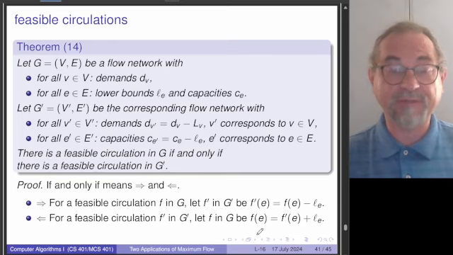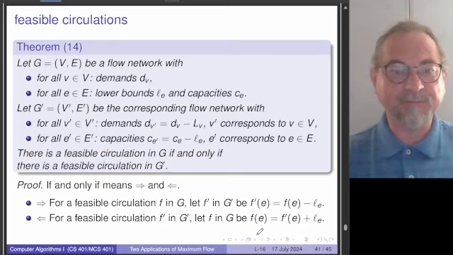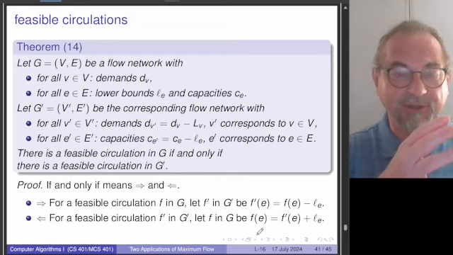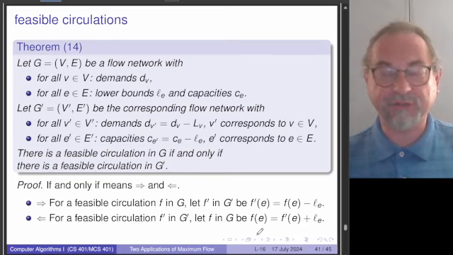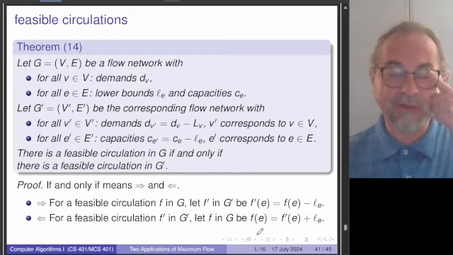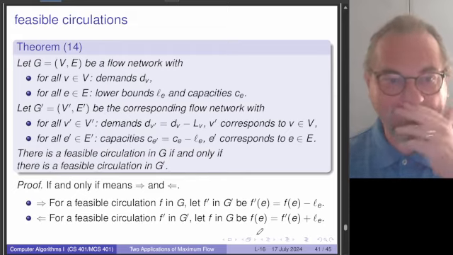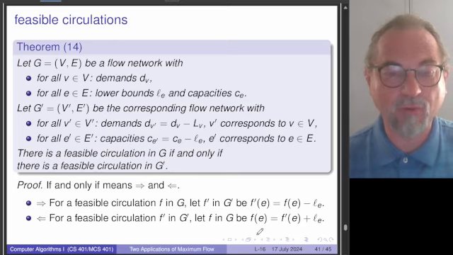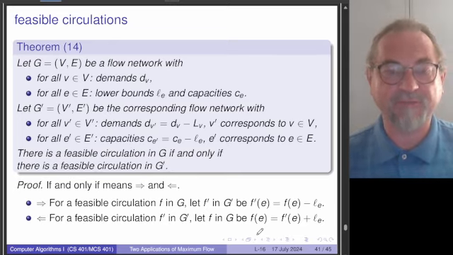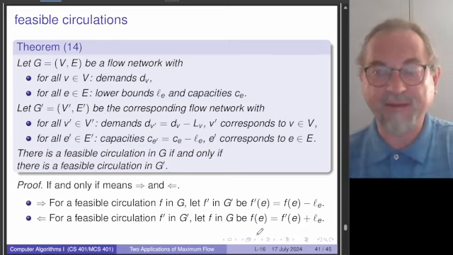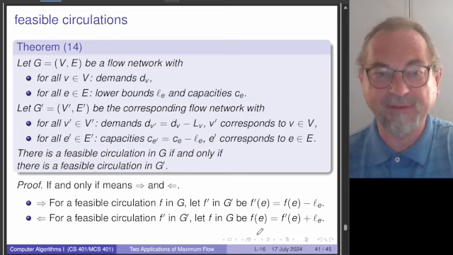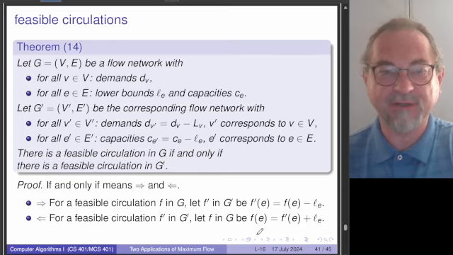So if we have a circulation in the modified problem, then we also have a circulation in the original problem. So it is again an if and only if. We have to go two directions, starting from a flow in our original problem, we have a flow in the modified network.